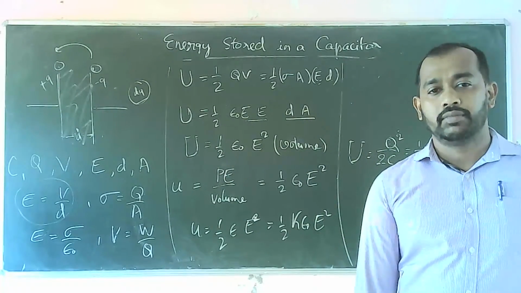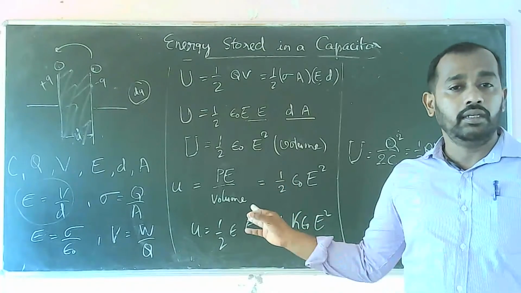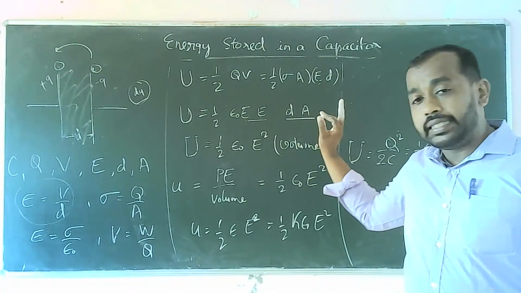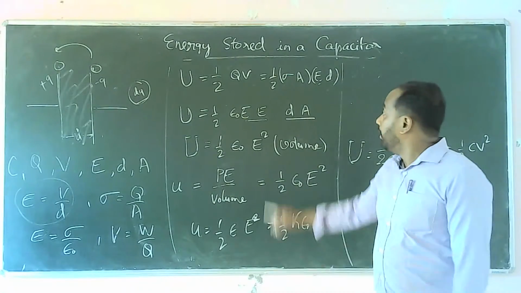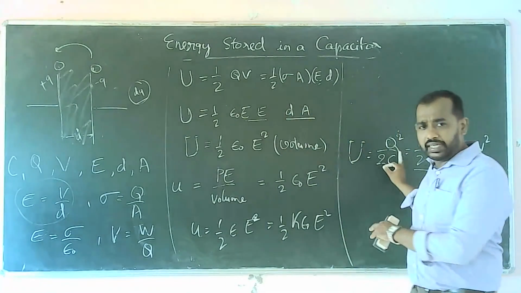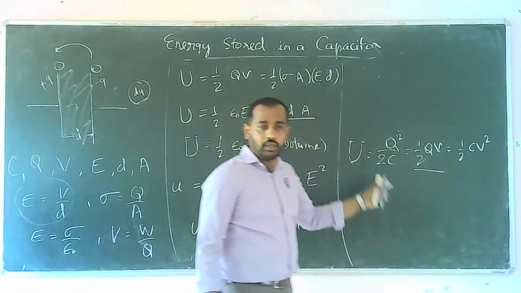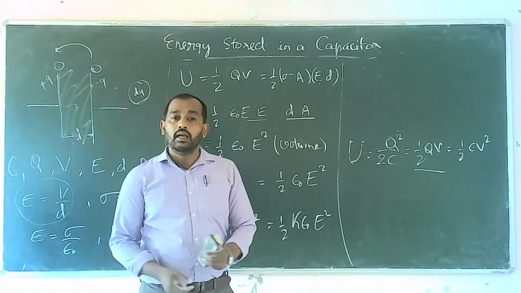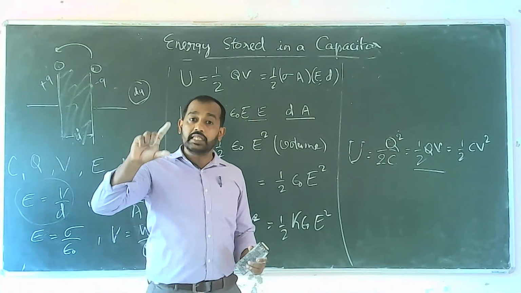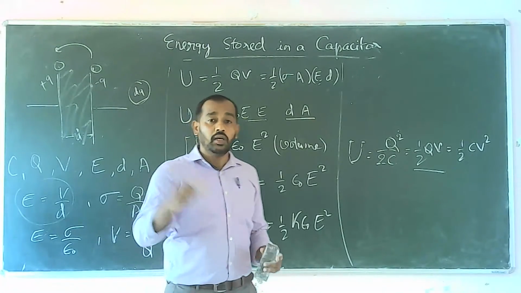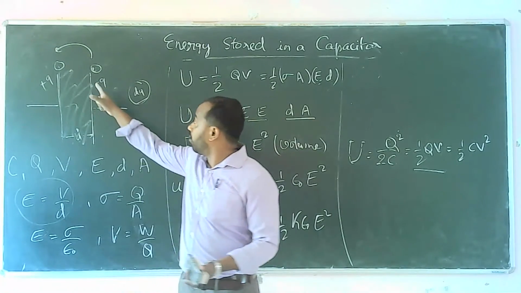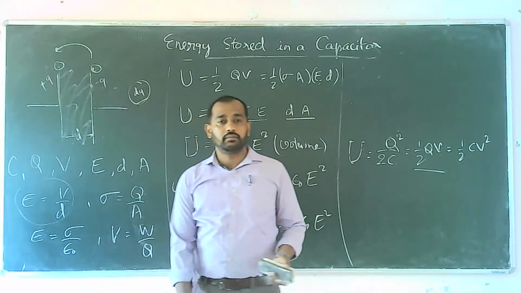So it can be generalized to any charge distribution or any charge configuration. While discussing this topic, we have understood that in case of the parallel plate capacitor, since electrostatic force is a conservative force, it is not important how the charges are transferred from one plate to the other plate.